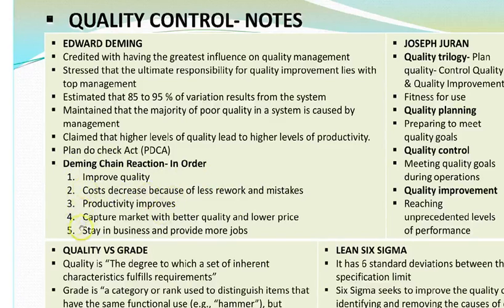It captures the market with better quality and lower price. Why? Because we have improved the productivity, improved the quality, and decreased the cost. And this all makes you stay in business and provide more jobs. So all this is connected like a chain reaction. So you mess up somewhere and then the whole thing gets messed up.